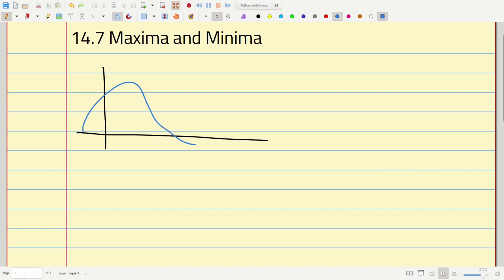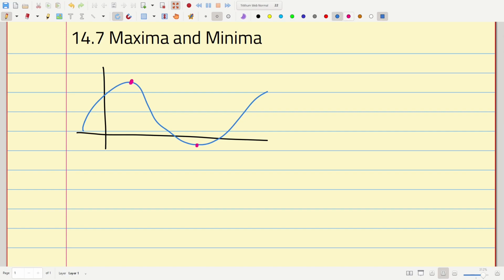was if we have some kind of curve, then this curve is going to feature values where it achieves maximal and minimal values. Okay.